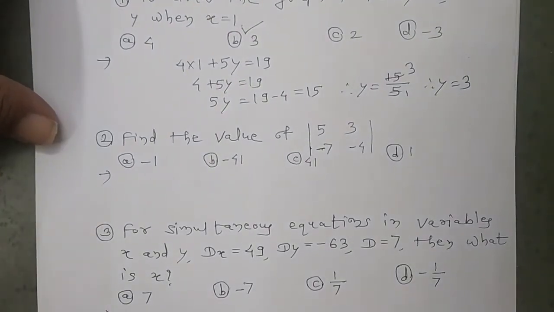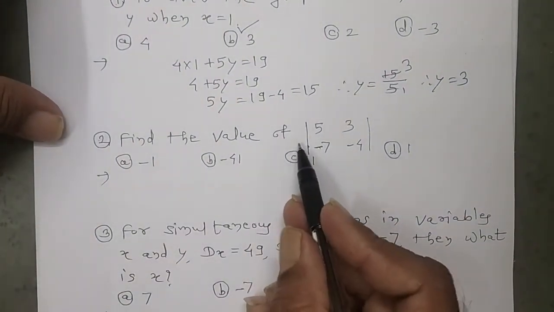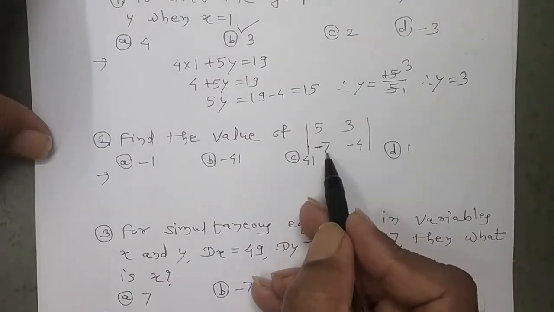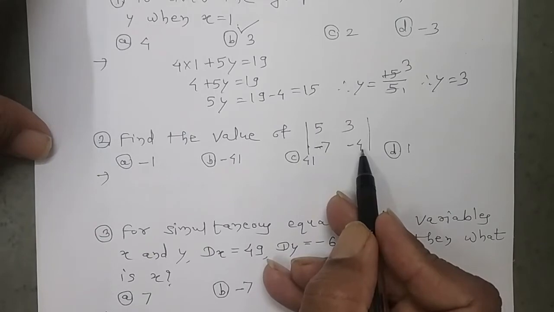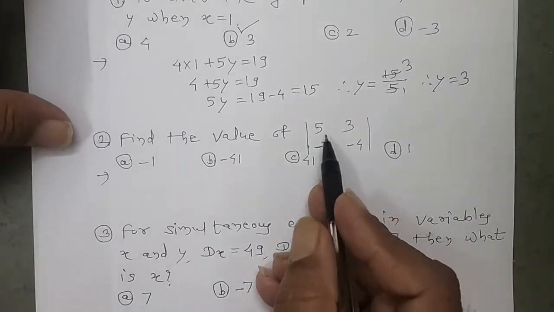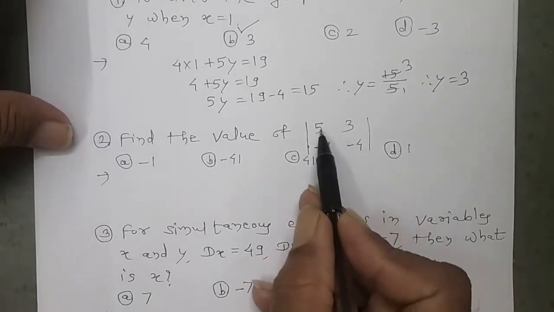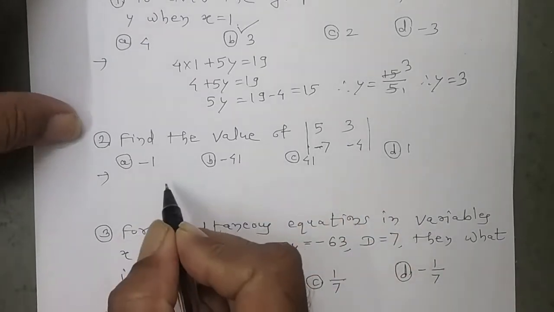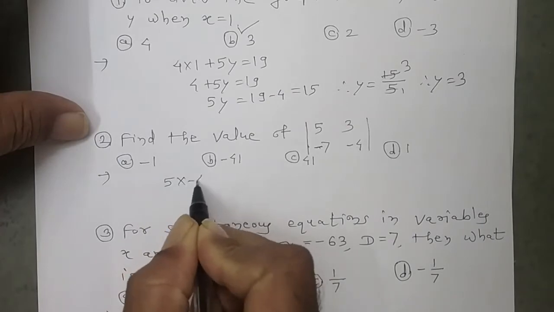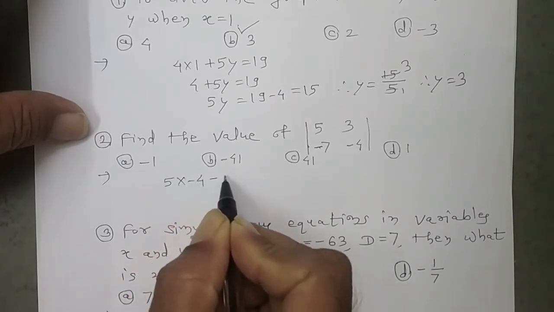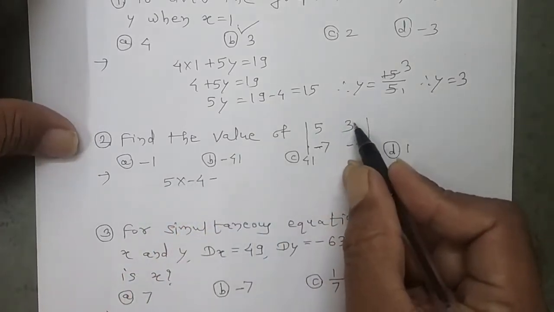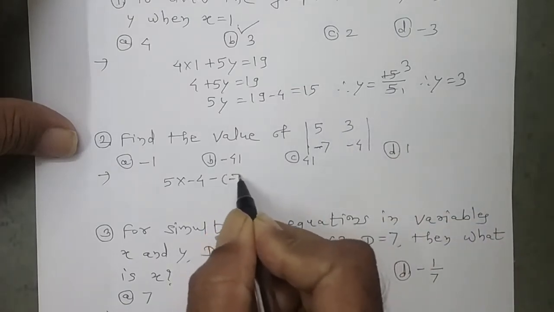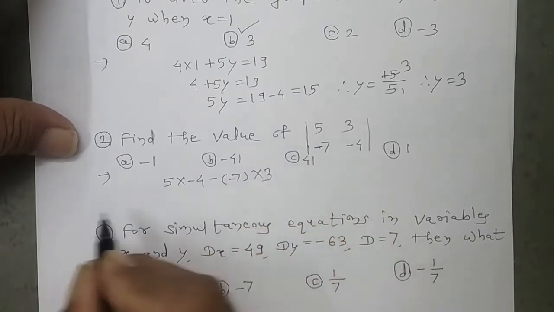Second, find the value of determinant 5, 3, minus 7, minus 4. Now we know that in a determinant, first take cross multiplication of these two. That is 5 into minus 4, minus of this multiplication, minus 7 into 3.